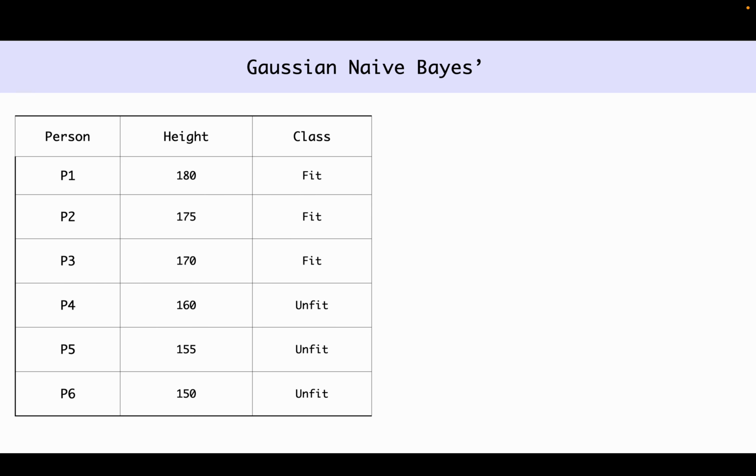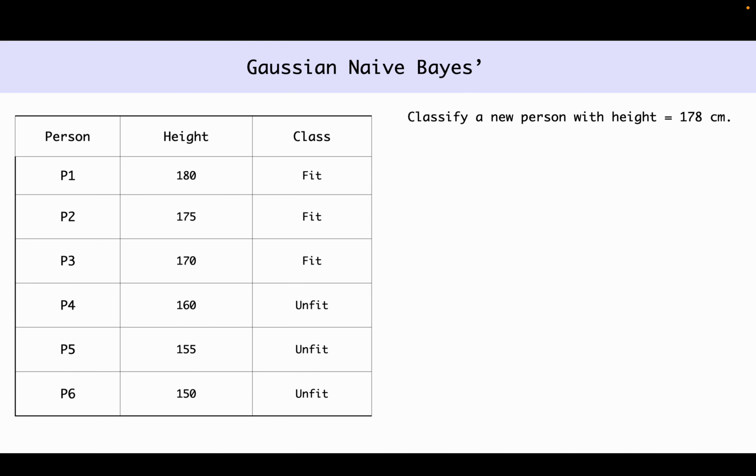We would like to classify any new unseen data into one of these categories based on this information. Let us consider a new height of 178 centimeters, which we would like to classify as fit or unfit. First we compute two probabilities: probability of fit given height 178, and probability of unfit given height 178. Whichever probability is more, we classify this data point to that class.